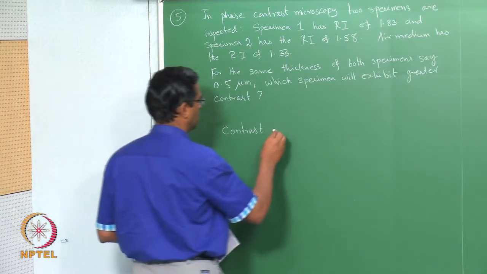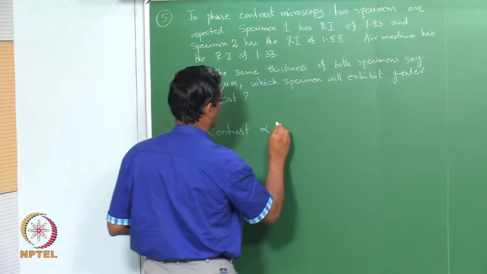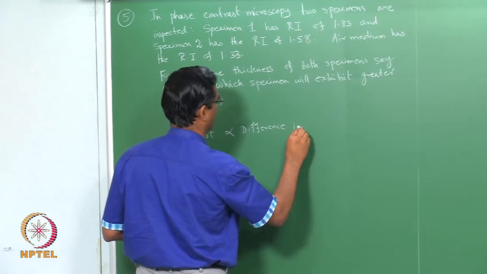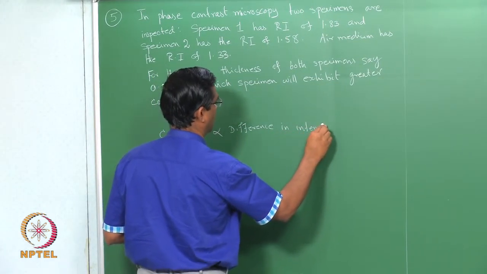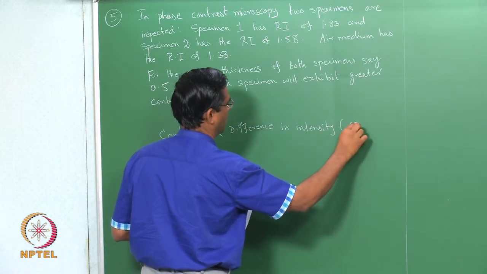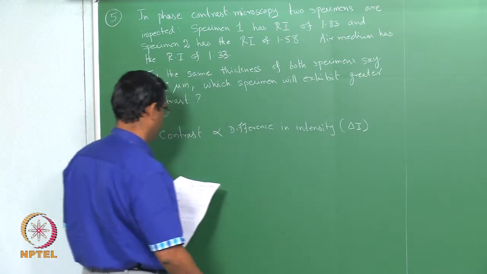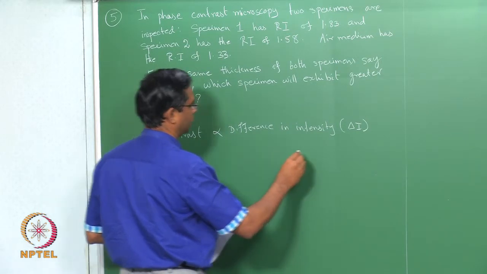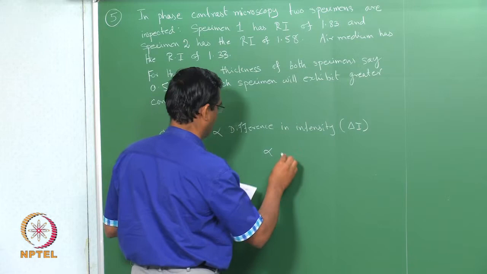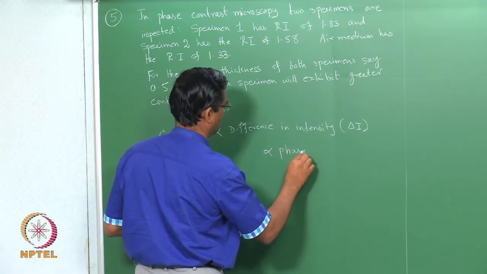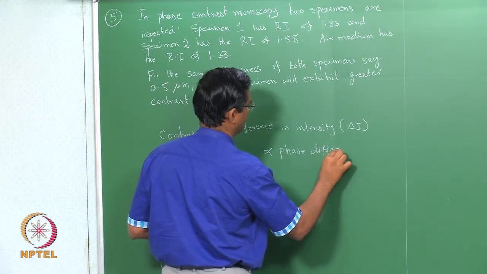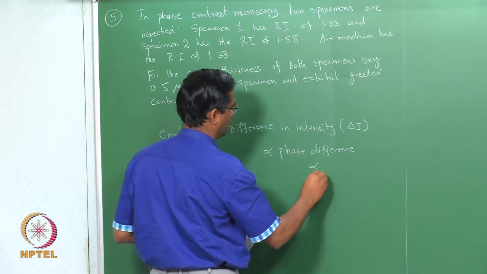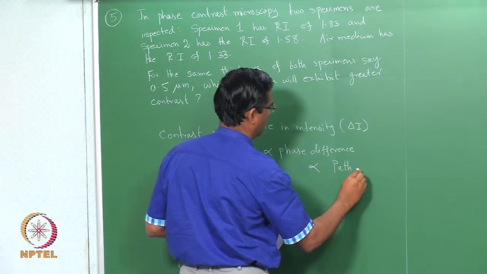You can write contrast is proportional to the difference in intensity, that is delta I, which is proportional to phase difference, and the phase difference is proportional to path difference.